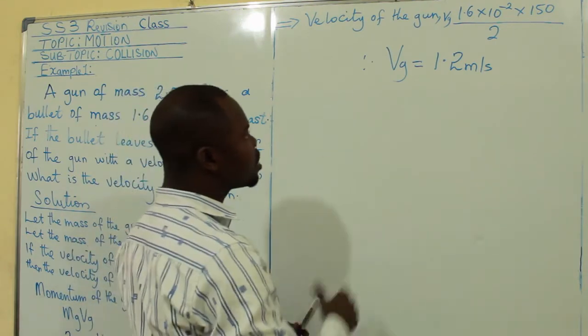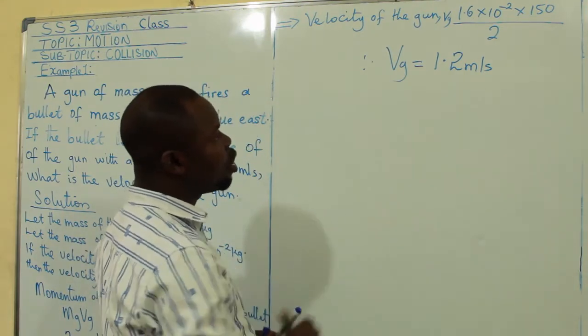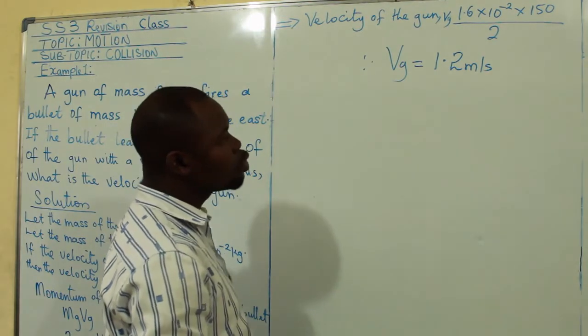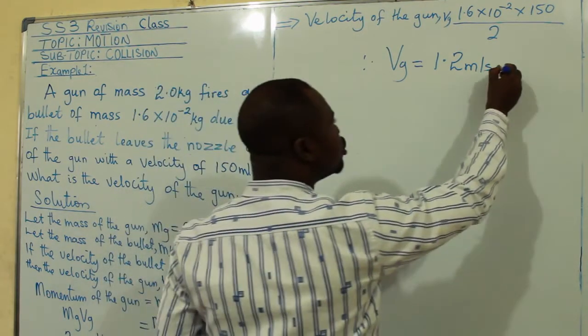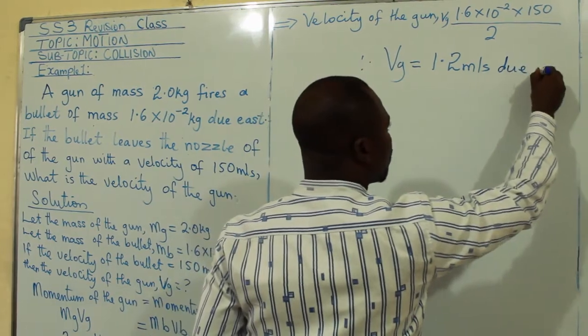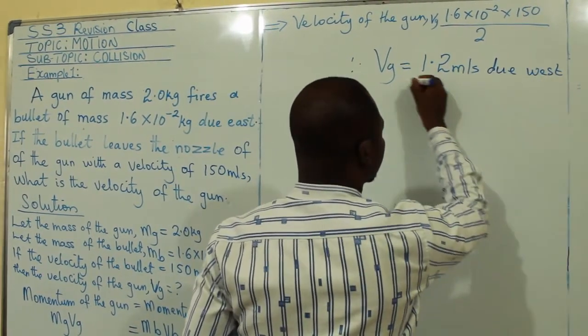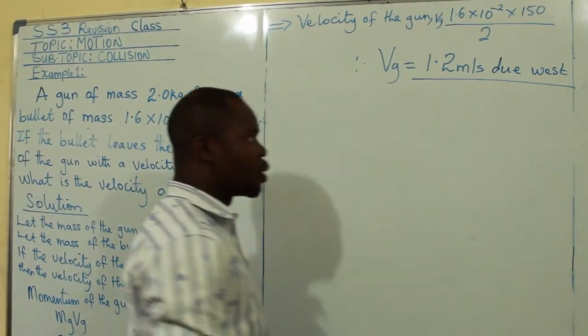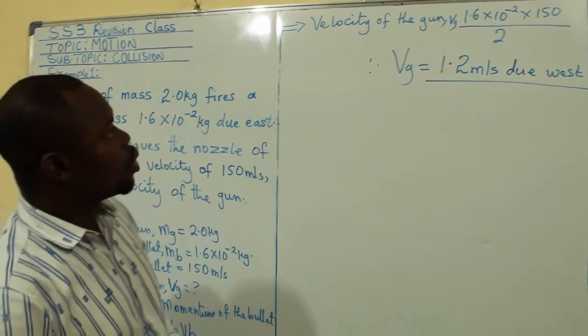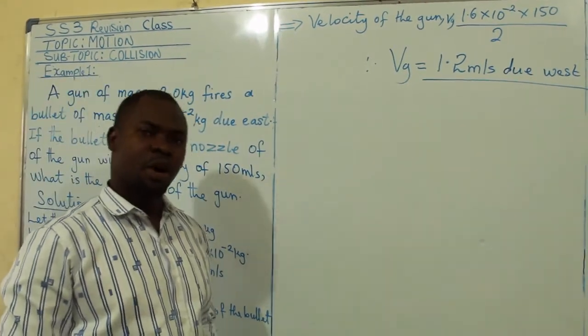Our final answer is the velocity of the gun equals 1.2 meters per second due west.